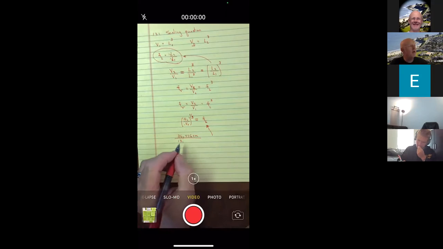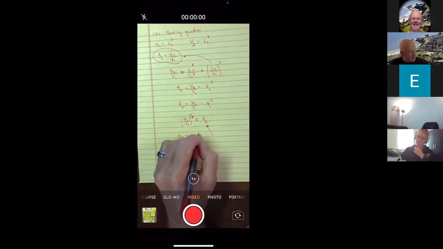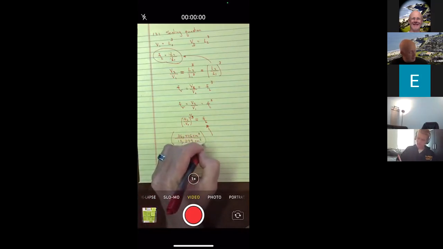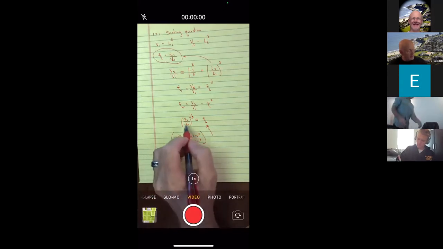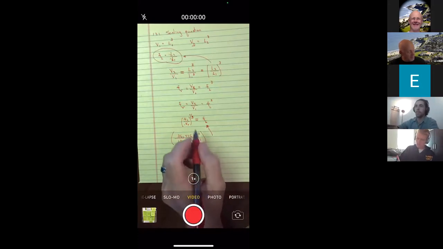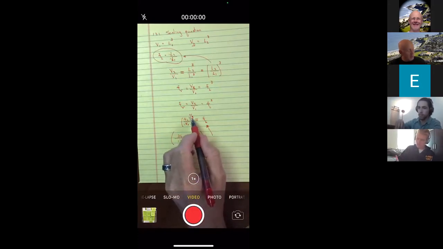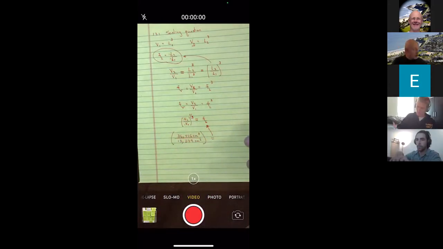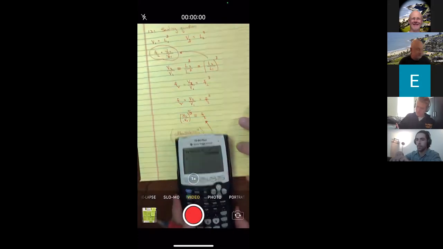And you've got 13,279, oops, I forgot, it's cubed, centimeters cubed for volume 1. And that's this ratio. I'll raise it to a power of 1/3 in a second.